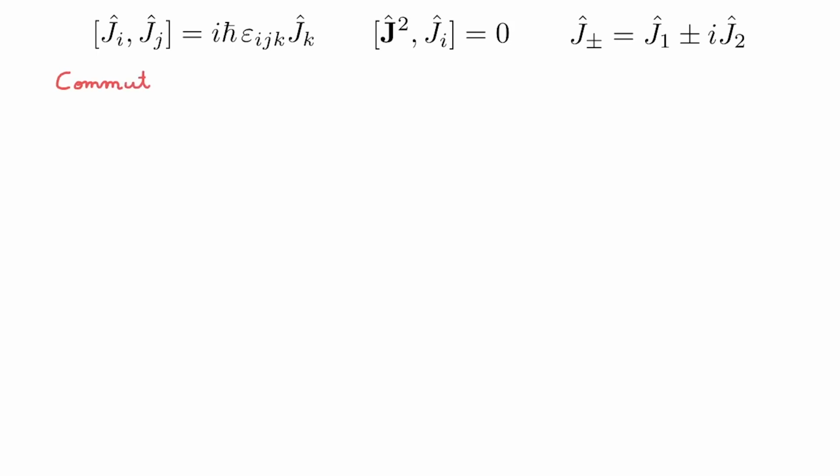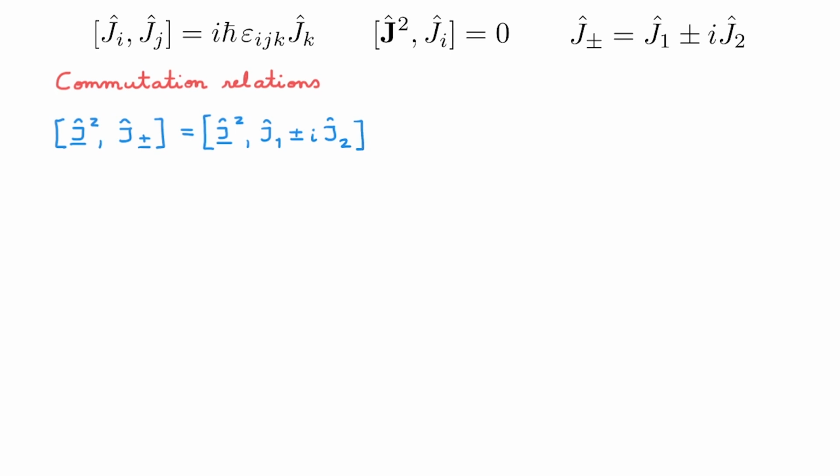Let's look at the commutation relations. J squared trivially commutes with both J plus and J minus. To see this, let's first write out J plus and J minus, so we get this. And then as J squared commutes with both J1 and J2, we get 0. Next, let's consider the commutator of J3 with J plus. In this case, things are not so easy.